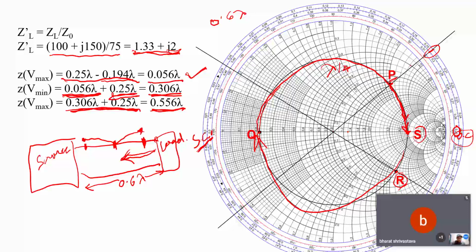And after that, by moving this distance, you will reach the load, so this represents the load point. That's how this kind of problem we have to solve. Any doubt in this question?